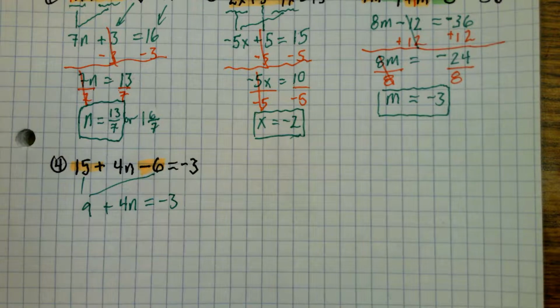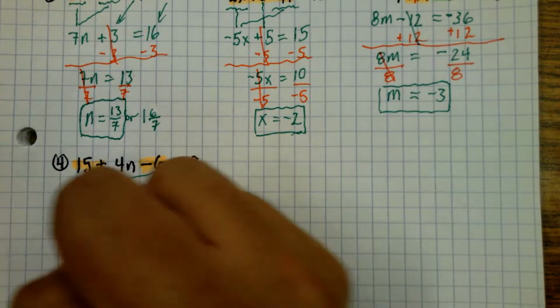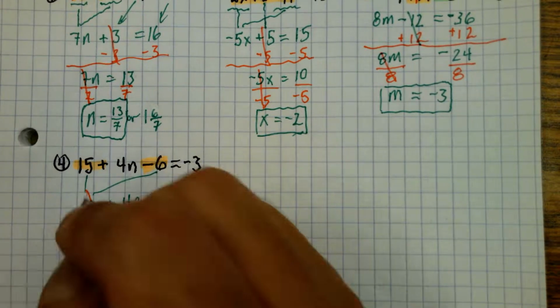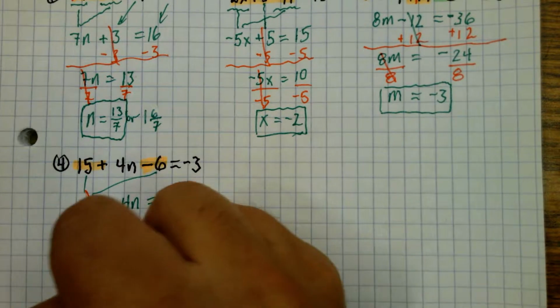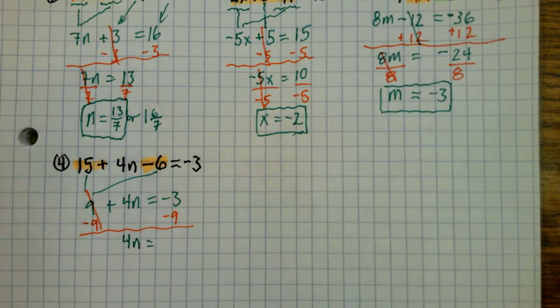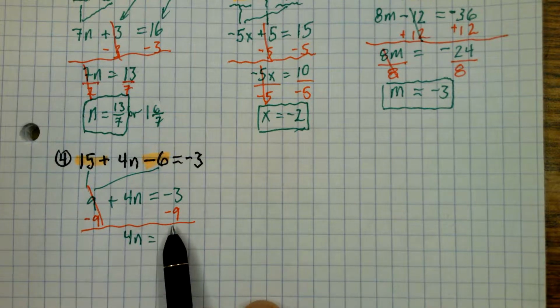Okay? Now we're going to get rid of the 9. They cancel. Now the big question. What do I do with this -3 and this -9? I did see a few mistakes there. Yes, Arian.